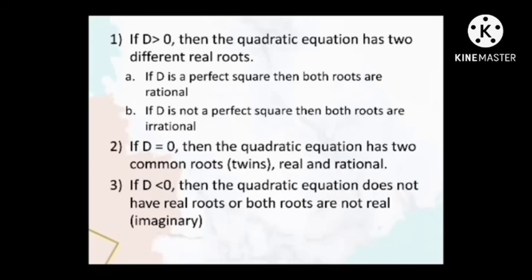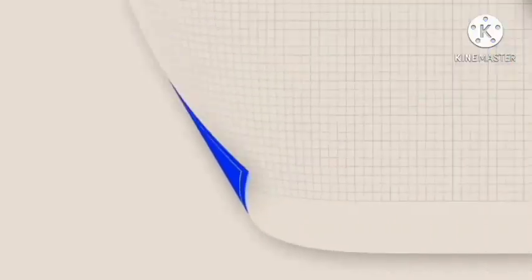And the last type of roots is if D is less than 0, then the quadratic equation doesn't have real roots, or both roots are not real, or we can say imaginary. So that is a little explanation from me about quadratic equation and how to solve it. Don't forget to remember the quadratic formula.